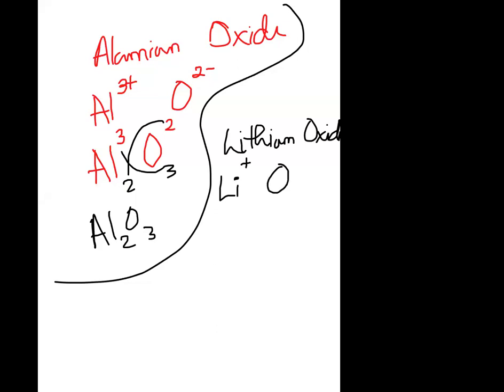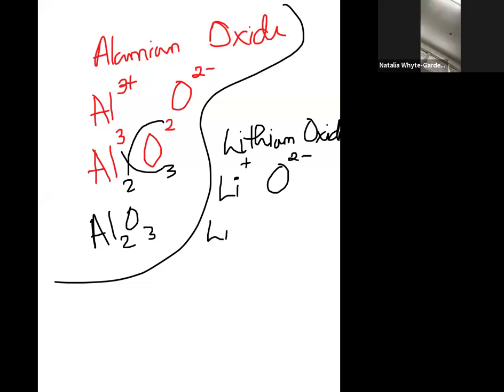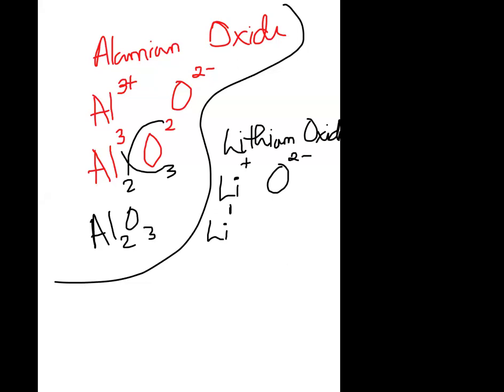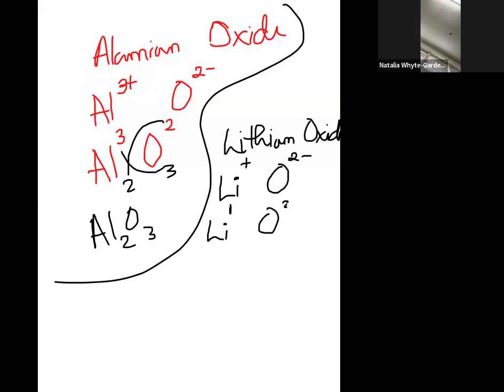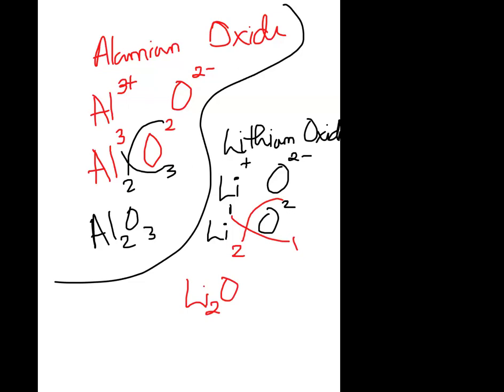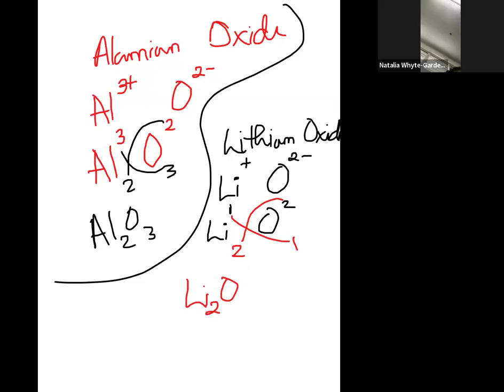And we have O2 minus, so we will rewrite it as Li1, O2, and then we are going to swap. So this becomes 1 and this becomes 2. So it is Li2O1, so it's Li2O. Clear? Yes, miss. Any questions? No, miss.